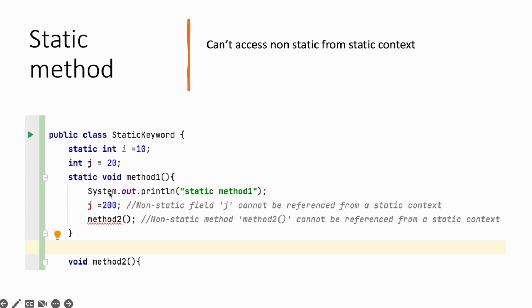In this example, we have a non-static field int j, and we are trying to assign a value inside the static method, and we get the error that j cannot be referred from a static context. Also, we are calling a non-static method from the static method, so we get an error saying that non-static method m2 cannot be referred from a static context.